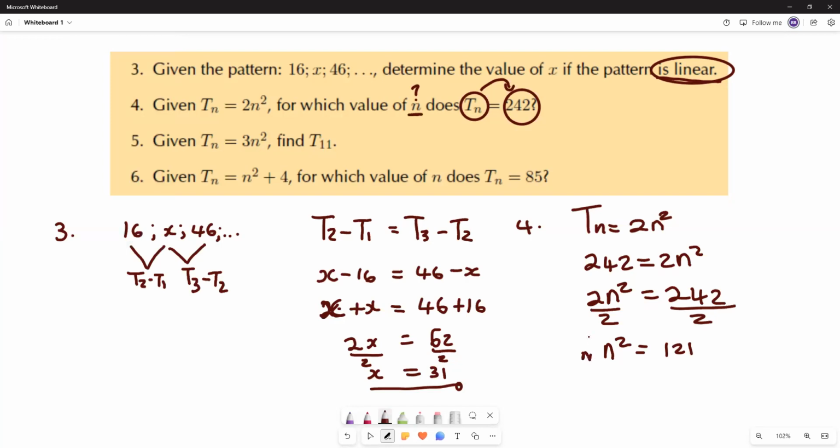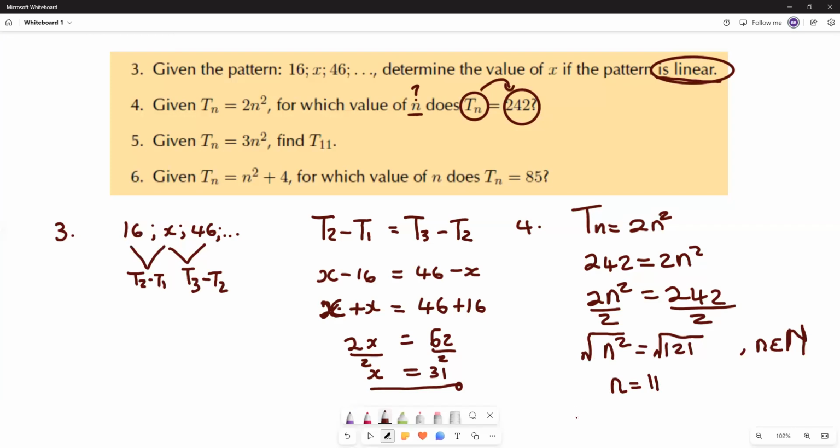Then I can square root both sides. Remember, usually when we square root, you put plus minus. But on number patterns, remember, n is an element of the natural numbers. Natural numbers are always positive. So you don't need to do the plus minus. You know that your answer must be positive. Then you are going to say n equals 11.